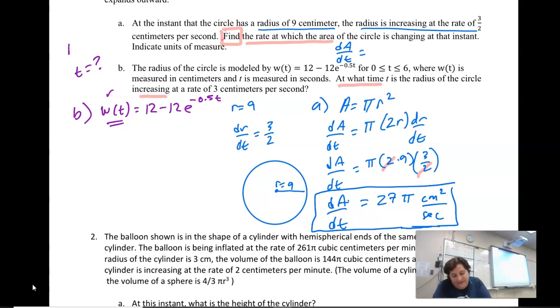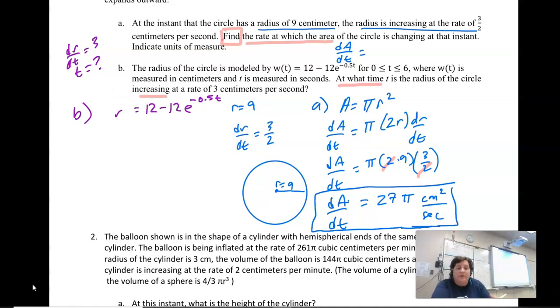That is, dr/dt is positive 3. If it's bugging you that it's W, just change it to an r. I think it's weird that they switched variables. So I'm just going to say that the radius is that.